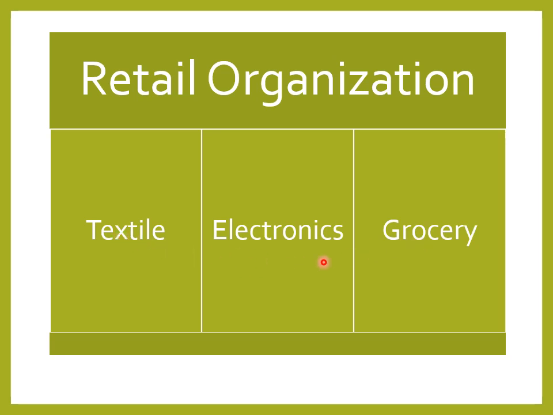After determining the profit of all three, we merge the profits to find the overall profit of the retail organization. So we find the final profit of a retail organization. This is just a simple glimpse of how departmental accounts are maintained.